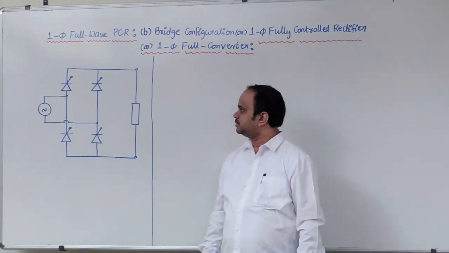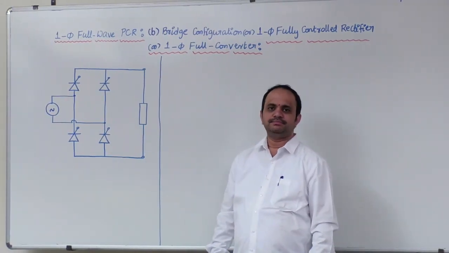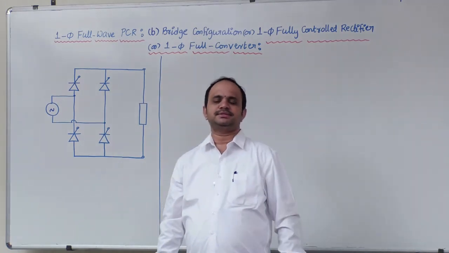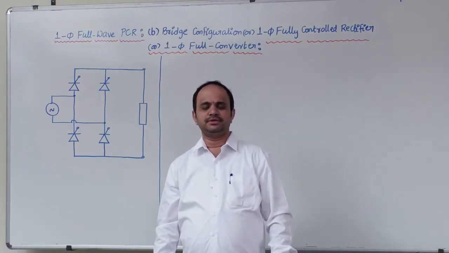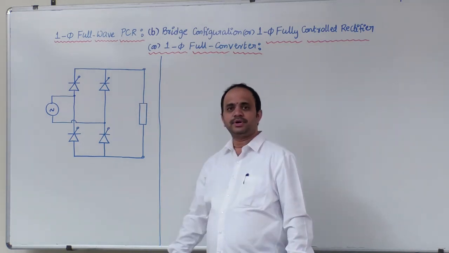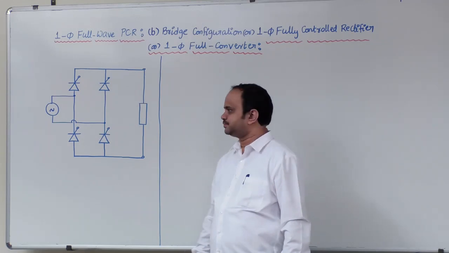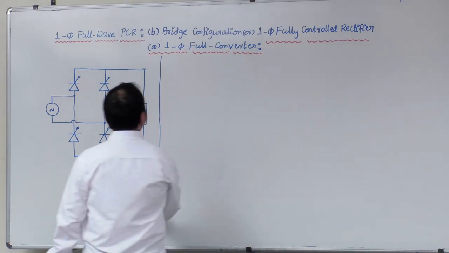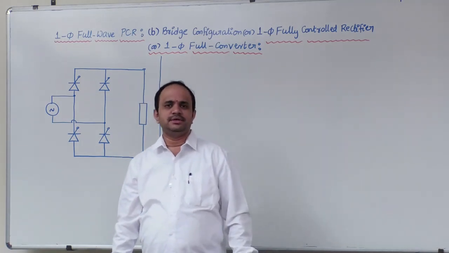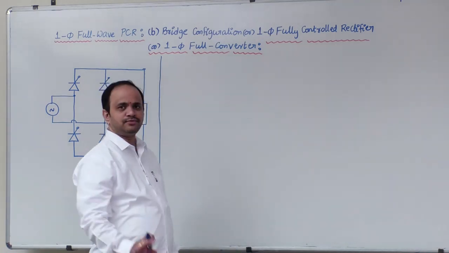Now let us look into the next circuit, that is the bridge configuration. In this circuit, whatever drawbacks were seen in the midpoint converter will be addressed. Follow carefully, this is one of the important circuits in the rectifiers chapter. This circuit is also called single phase fully controlled rectifier or single phase full converter.